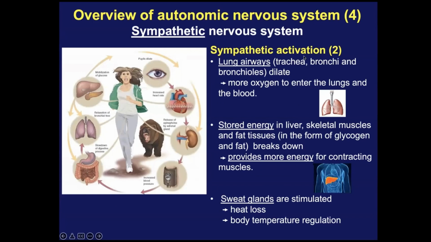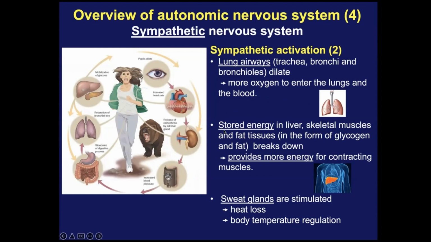During the sympathetic activation, the lung airways, including the trachea, bronchi, and also the bronchioles, will dilate so that more oxygen can enter the lungs and enter the blood.